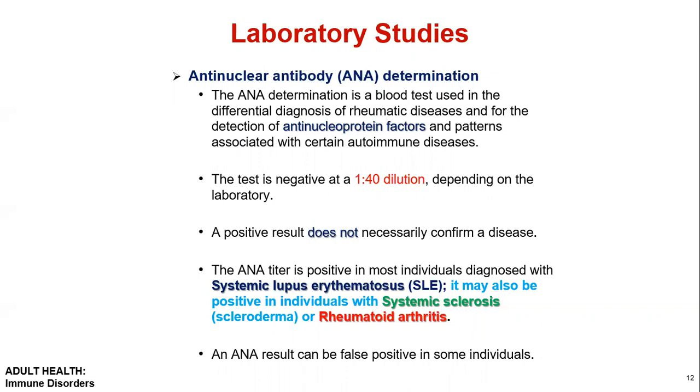The most common autoimmune disease is systemic lupus erythematosus, or we say scleroderma. So the test is negative at a 1:40 dilution and depends on laboratories.